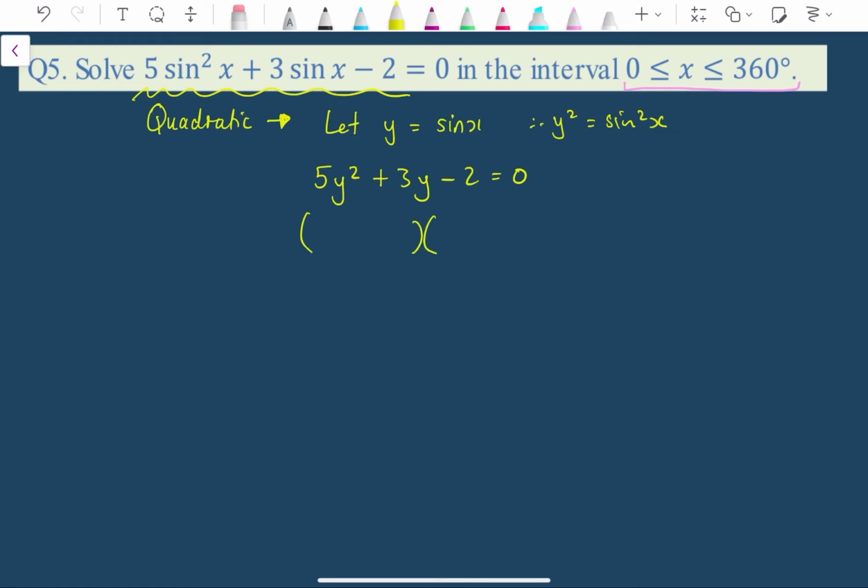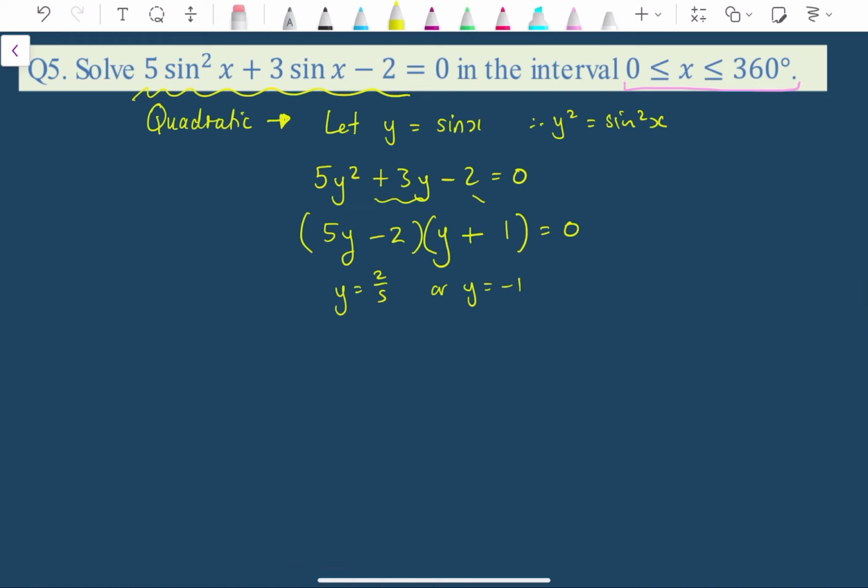So I need to factorize this. I want to find solutions for y. And that's going to be 5y and y, and that will have to be 1. I want plus 3. So when I multiply these two, I want plus 5. And my other factor of 2 is minus 2. So I solve that, and I get that y is equal to 2/5, or y is equal to -1.